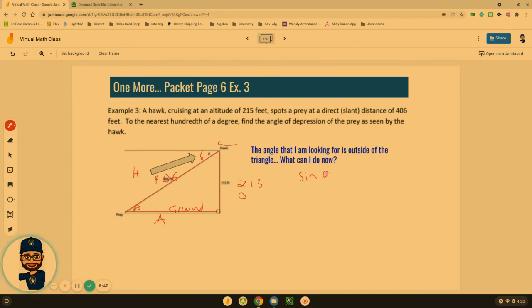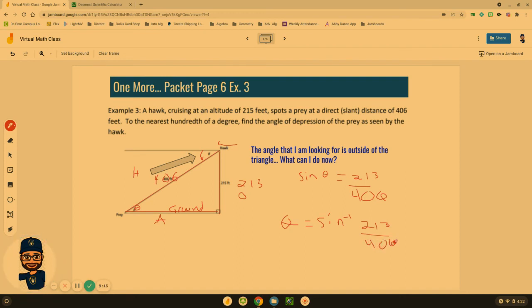So the sine of theta equals the opposite, which was 213, over the hypotenuse, which is 406. And to solve for our angle measure, we take the sine inverse of both sides so that we can calculate the sine inverse of 213 over 406.